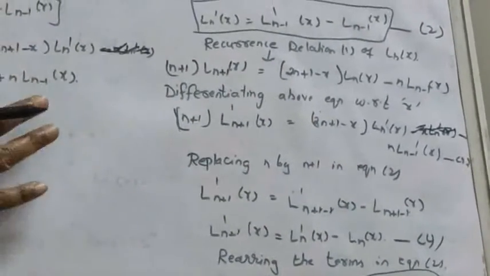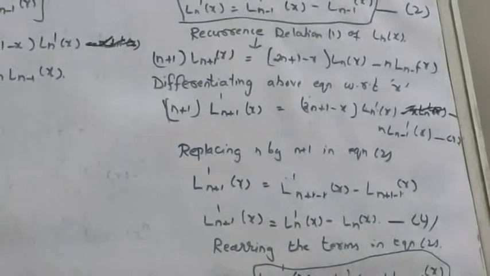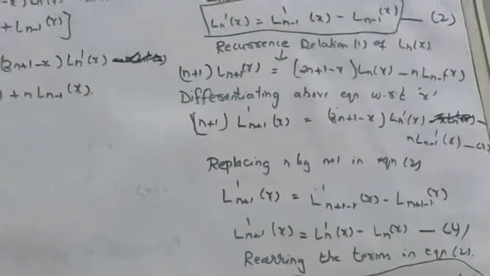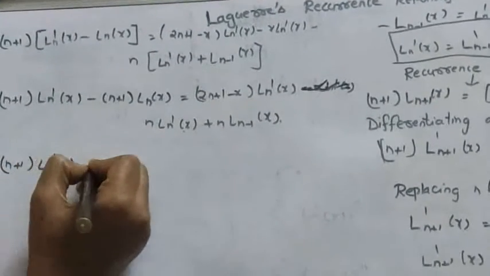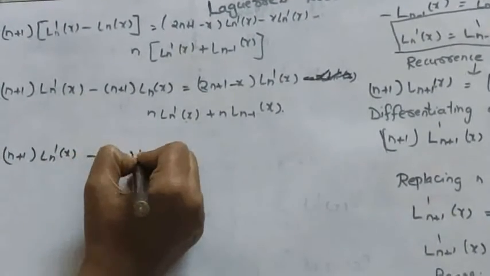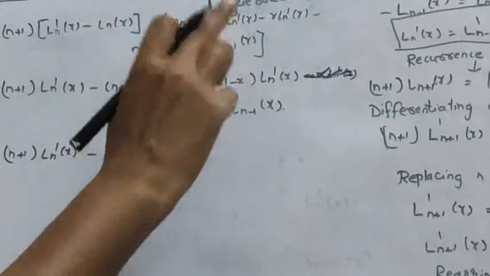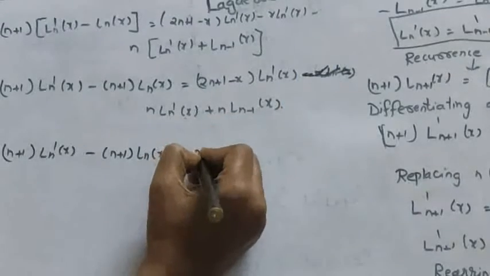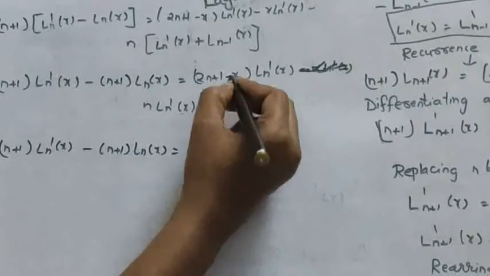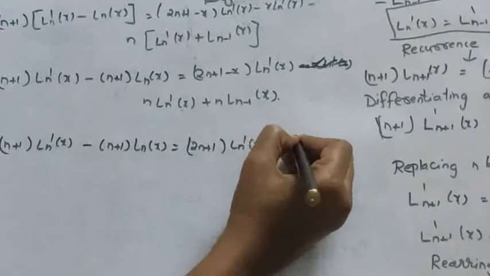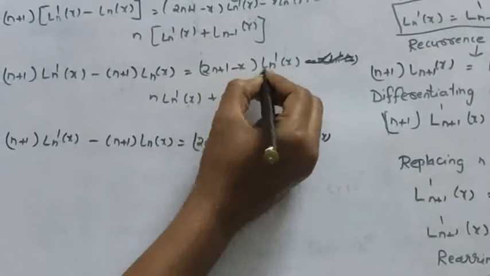Now in this what we are going to do is keep this term like that only: n plus 1 ln dash of x minus n plus 1 ln of x. Here I am going to consider 2n plus 1 as one term and minus x as another term. So 2n plus 1 into ln dash of x, next minus x ln dash of x. Just I have multiplied 2n plus 1 into this term, minus x into this term.